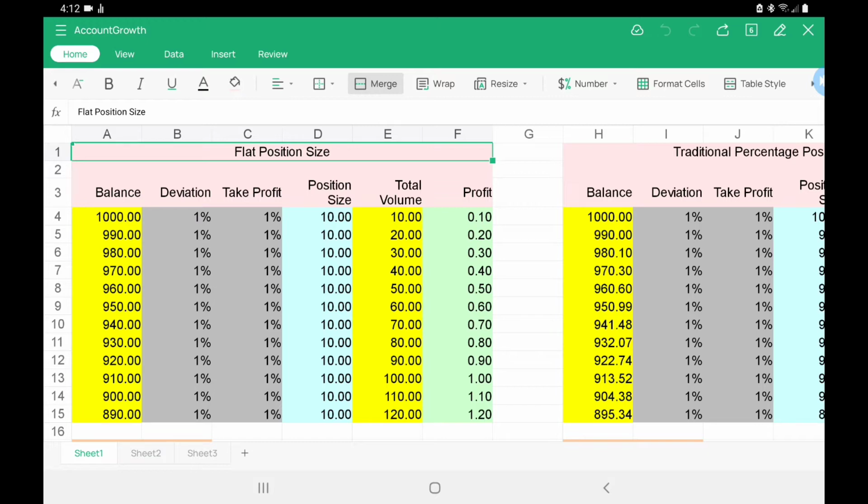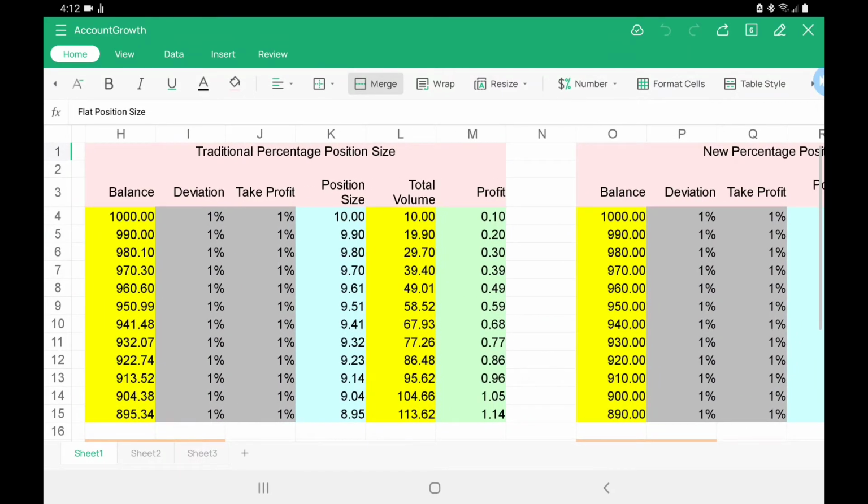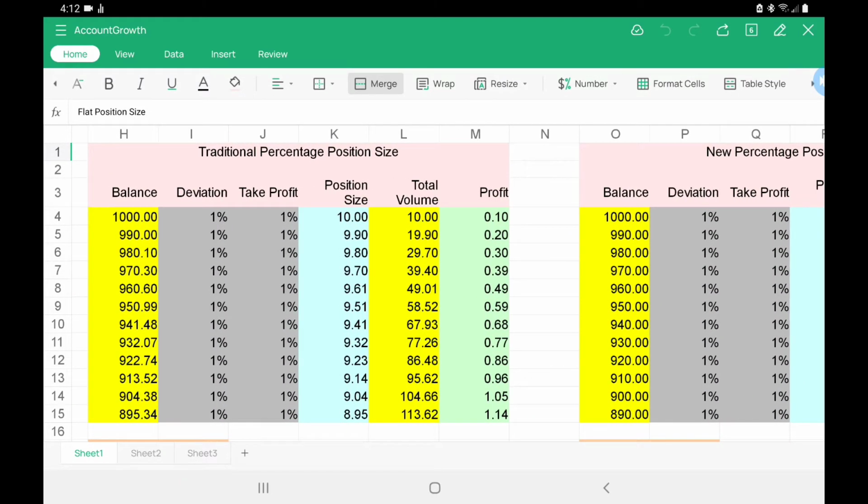And that leads us to the second approach, which is very common. And that is the traditional percentage position size. So $1,000, 1%, that's a $10 size. So our trading volume is then $10, our profit 10 cents.